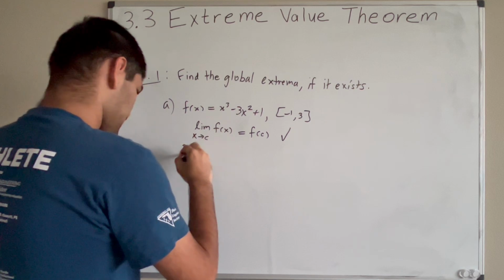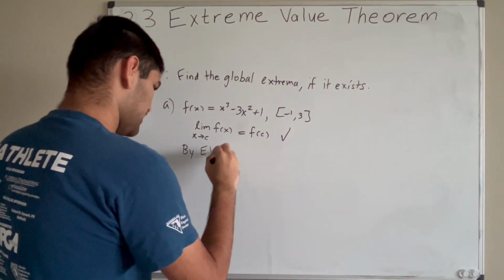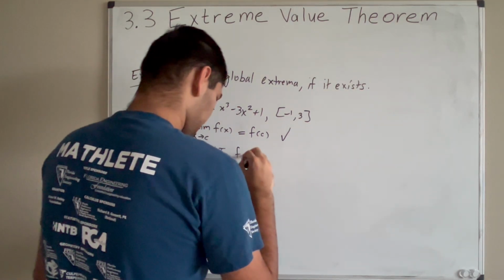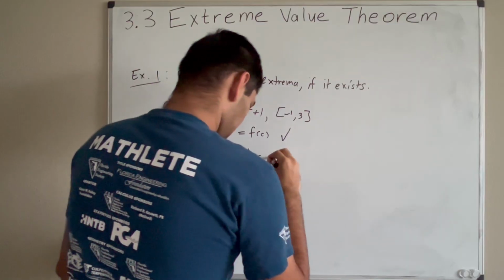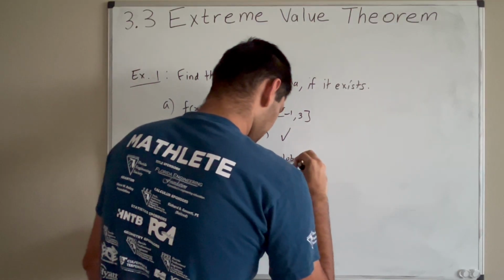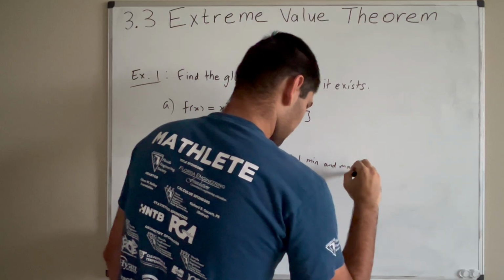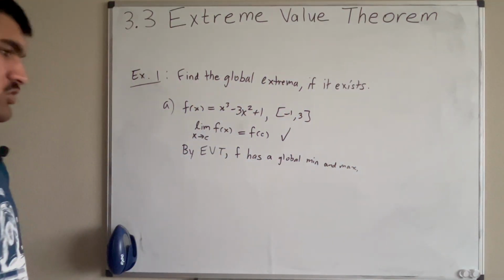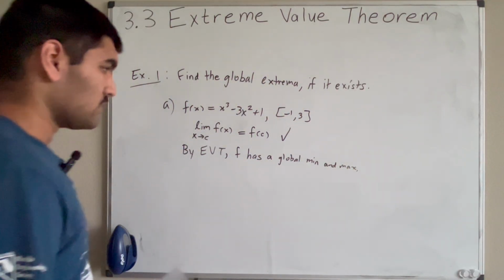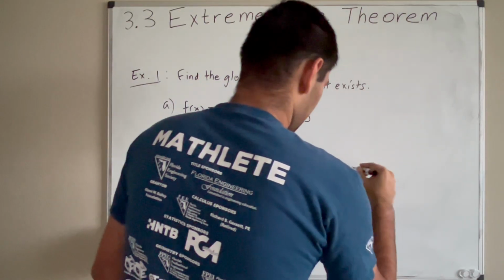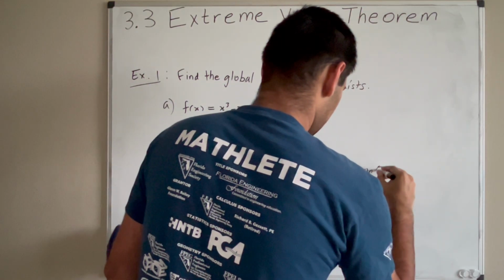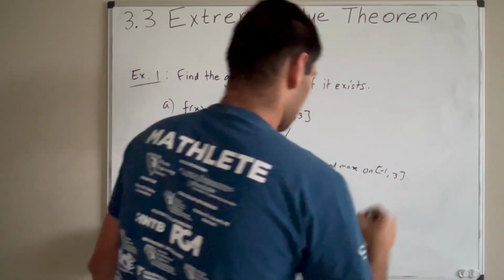So then the extreme value theorem guarantees that f has a global min and max. All right, so by EVT, f has a global min and max on the interval. I should mention that. All right, good.